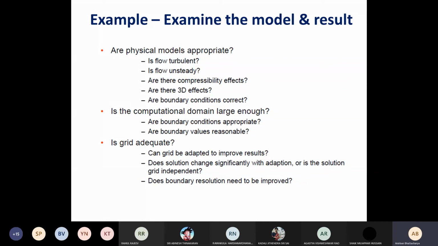There is a limitation based on our computational resources. Our processor time is limited, as well as the memory or RAM. If you take a very large number of grid points, you will run out of memory. You cannot store all the data that needs to be stored and recalled, and the processor will also take a lot of time for the calculation. So these calculations are mainly processor dependent.